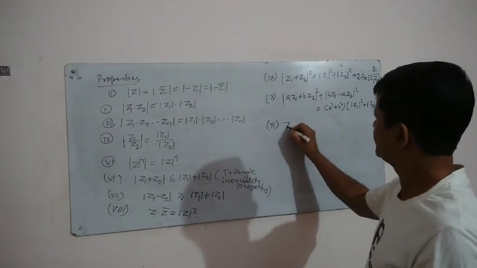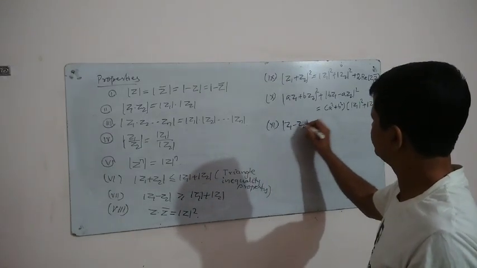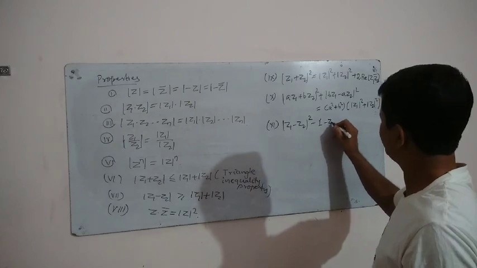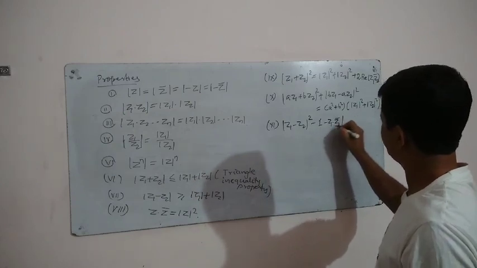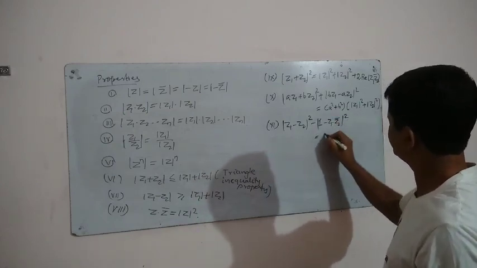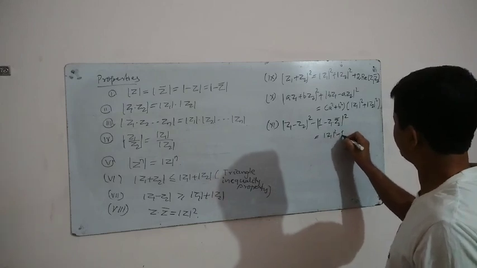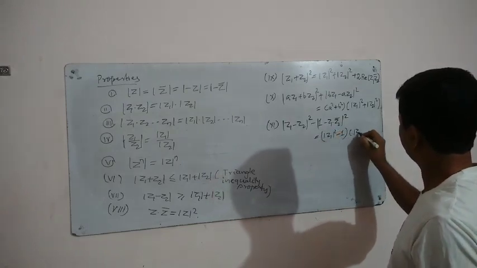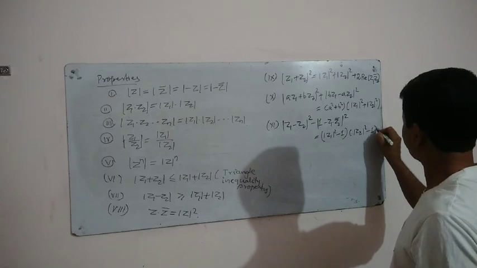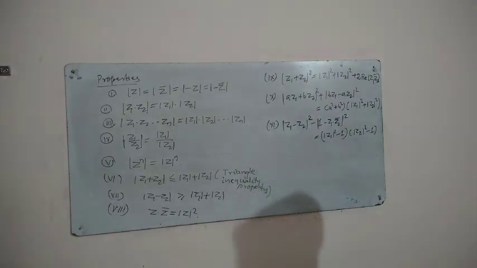Next is Z1 minus Z2 mod squared minus 1 minus Z1 into Z2 conjugate mod squared is equal to mod Z1 squared minus 1 into mod Z2 squared minus 1. These are the properties we will prove one by one.